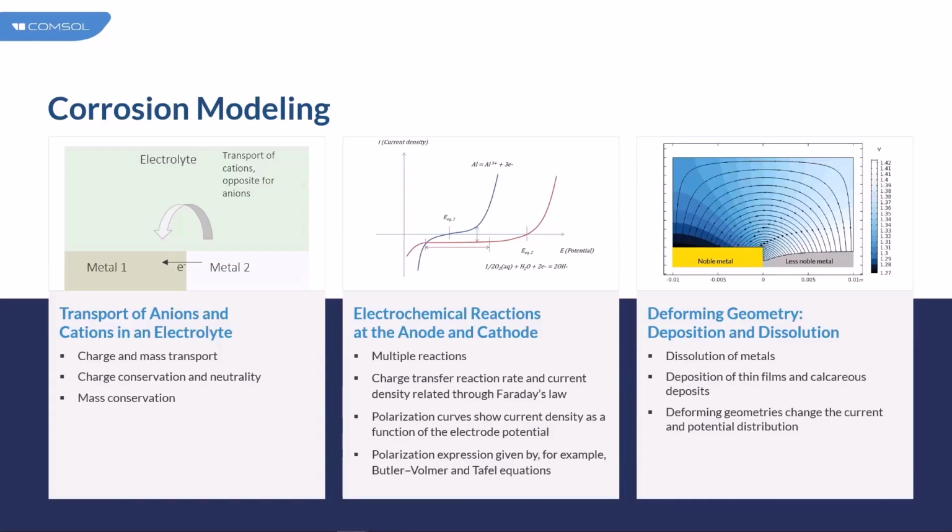The charge transfer reaction rate and current density are related to Faraday's law. Polarization curves show the current density as a function of electrode potential, and these expressions are given by, for example, Butler-Volmer and Tafel equations, or user-defined expressions, or you can pick it from a library of materials that we have included in the module.